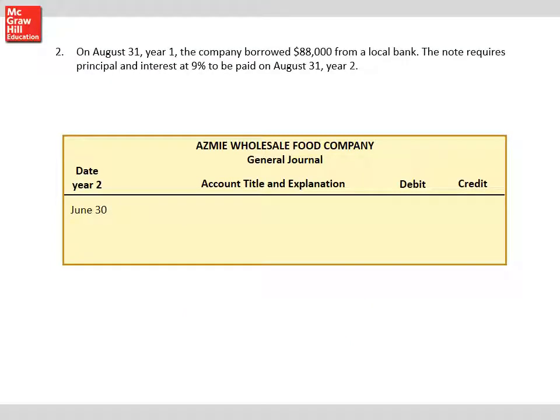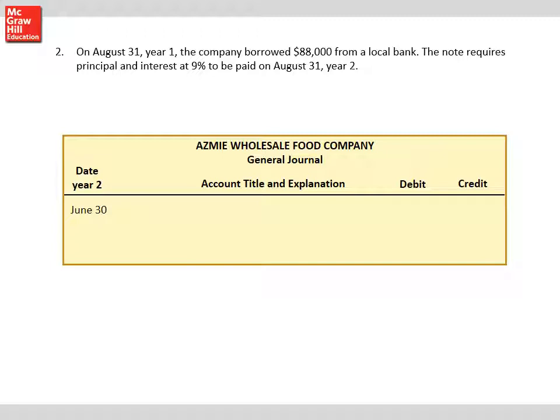The second one, on August 31st of year 1, the company borrowed $88,000 from a local bank. The note requires principal and interest at 9% to be paid August 31st of the following year. Well, so far, the company has been recording interest expense at the end of each quarter. So as of March 31st, all interest expense related to this loan should have been recorded.